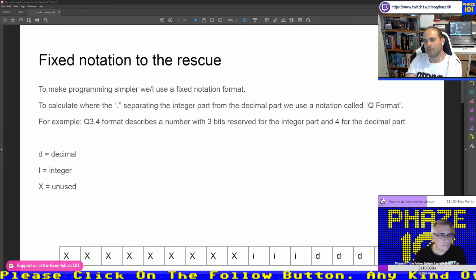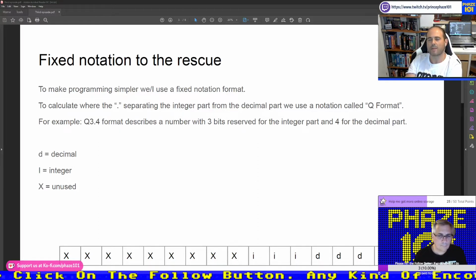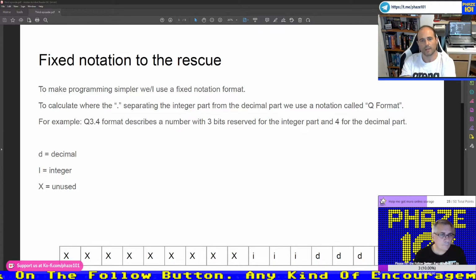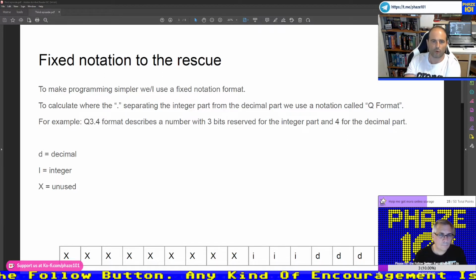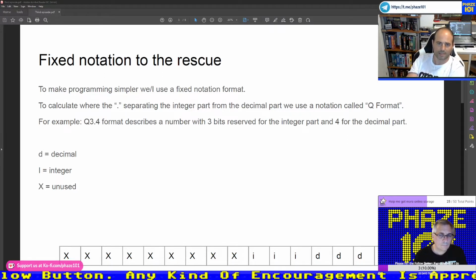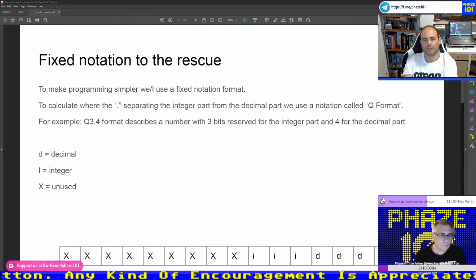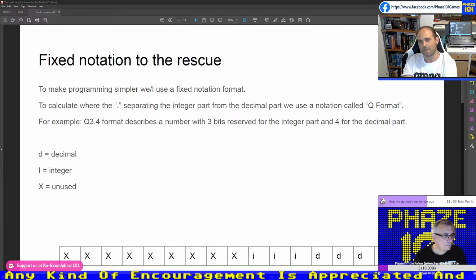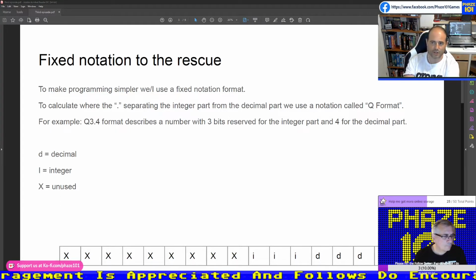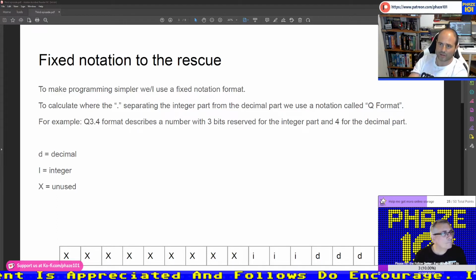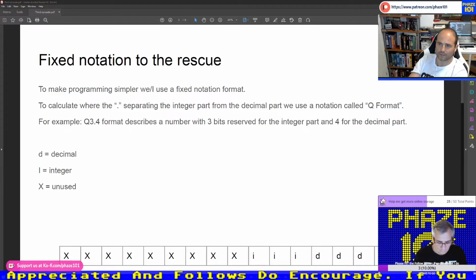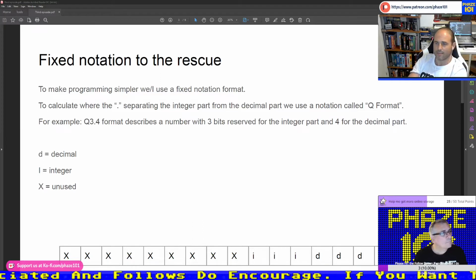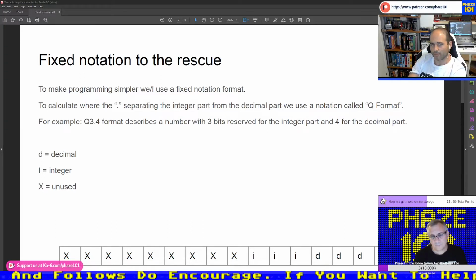For example, if I say I'm expressing a number in Q3.4 format, it means that I'm describing the number with 3 bits reserved for the integer part and 4 for the decimal part. So the last digits are the representation of the decimal part, and the others are the integer part.